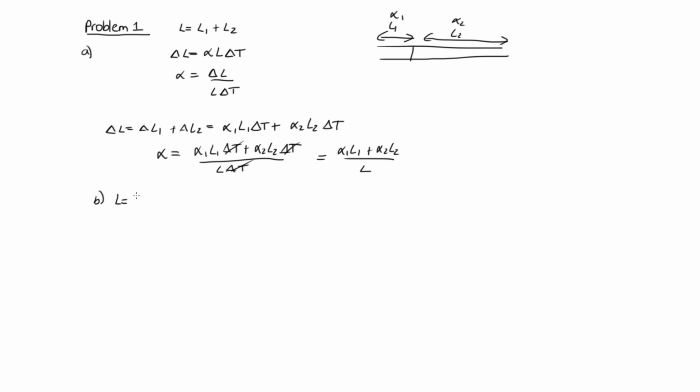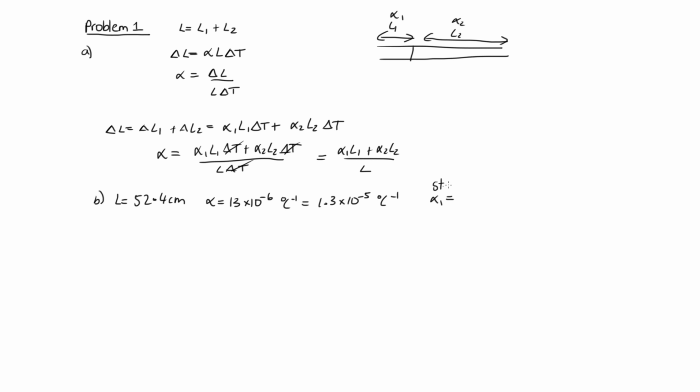We're told that the length of the rod initially was 52.4 centimeters, and we're told that the composite alpha is equal to 13 times 10 to the minus 6 per degrees Celsius. And so we can write this as 1.3 times 10 to the minus 5 per degree Celsius. And we've got alpha 1. We'll call this steel because we're not told which one's 1 and which one's 2.